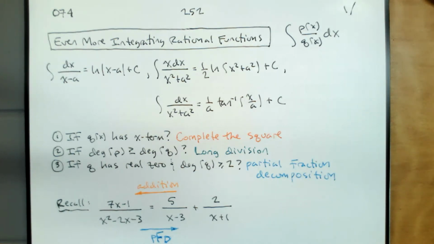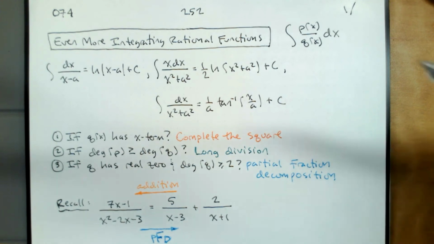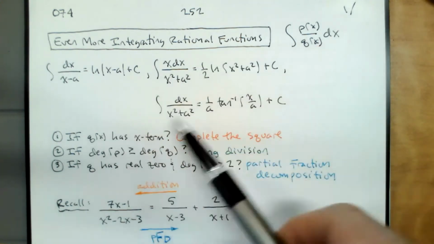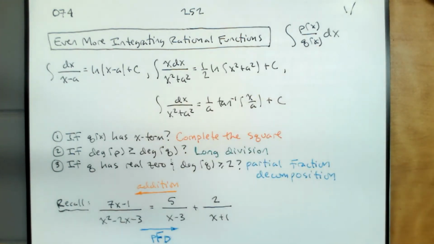And finally, if q has a real 0, and to further clarify, the degree of q is greater than or equal to 2. So really the focus is, does q have a real 0? Because thinking ahead to our three cases, I only care about degree 1 in the denominator or degree 2 in the denominator.